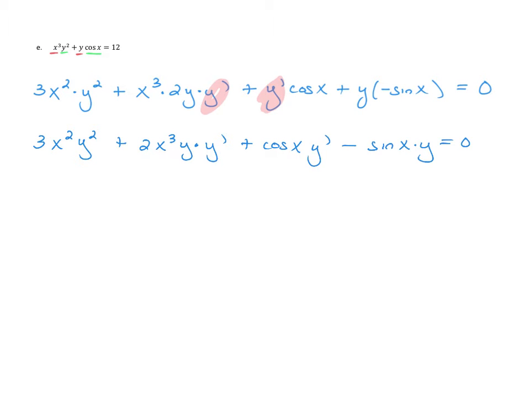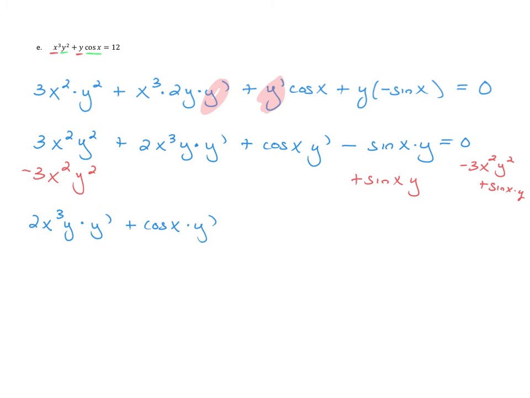So the stuff that I am subtracting to the other side is this 3x squared y squared. Let me erase that. This thing. And also this I'm adding to both sides of my equation. So over here I'm doing minus 3x squared y squared, but I'm also adding sine x times y. On the left, what I have left over is 2x cubed y times y prime plus cosine x times y prime.